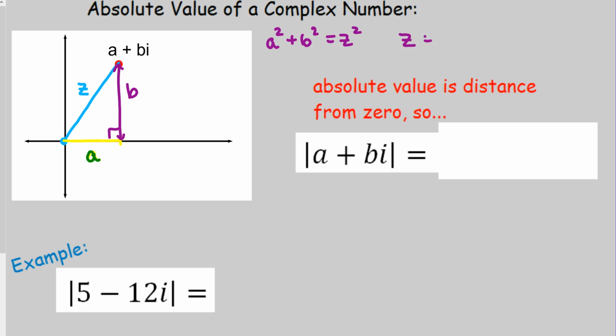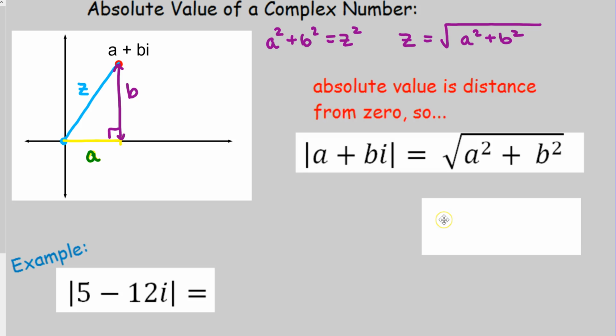So z would be the square root of a squared plus b squared. This is basically your distance formula. And of course I didn't put plus or minus in front of it because we know that distance needs to be positive. So we use the absolute value marks and we say the distance from the point a plus bi to 0 is the square root of a squared plus b squared.